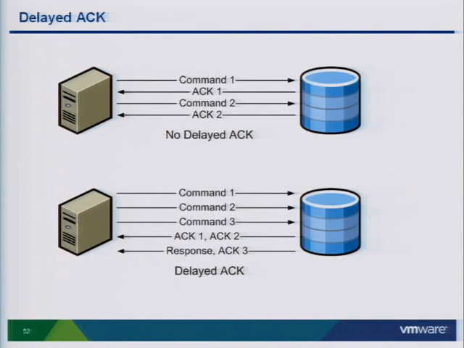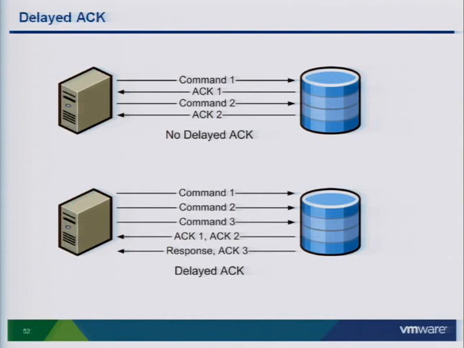Delayed ACK is one of the other things that tends to be misconfigured quite often. Here's a quick explanation of what delayed ACK is. With no delayed ACK, the host sends a command, the storage ACKs it, the host sends a command, the storage ACKs it. There's a packet that gets sent and an acknowledgement of that packet, so it happens in either direction.